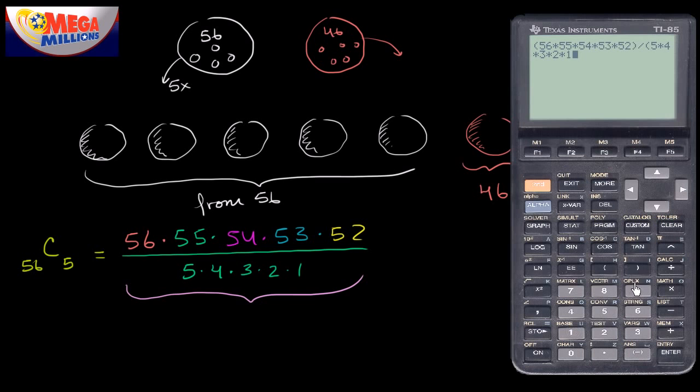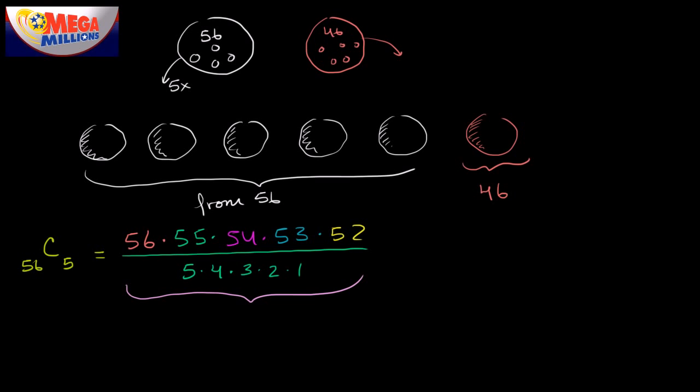We don't have to multiply by 1, but I'll just do that to show what we're doing. And then that gives us about 3.8 million. Let me write that number down. So this comes out to 3,819,816. So that's the number of possibilities here.